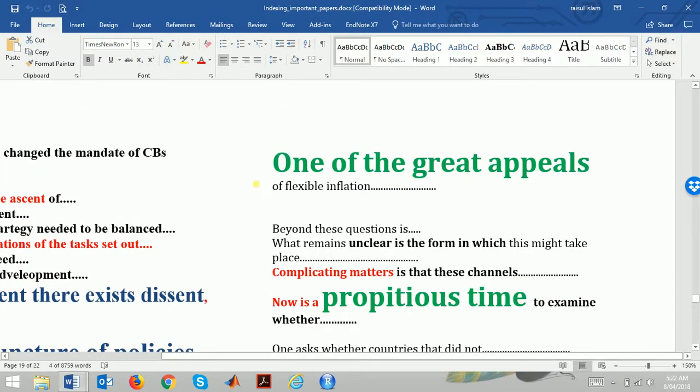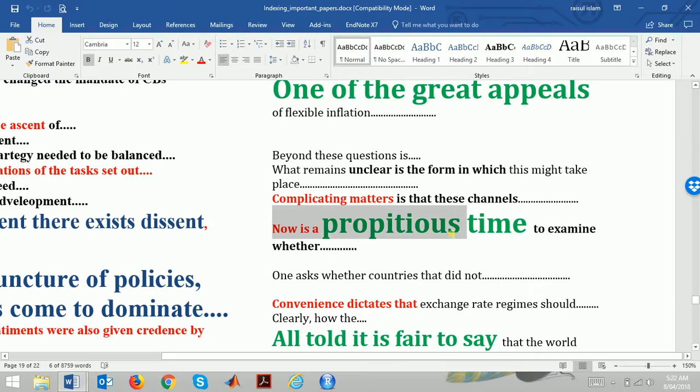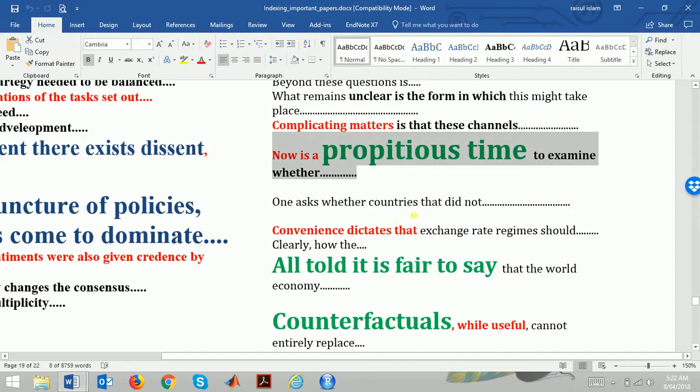One of the great appeals of flexible inflation beyond this question is what remains unclear is the form in which this may take place. Complicating matters is that these channels now is a propitious time to examine whether one asks whether countries that did not. Convenience dictates that exchange rate regimes should.